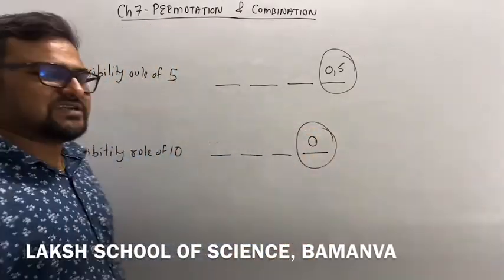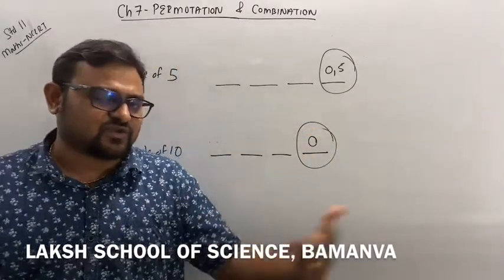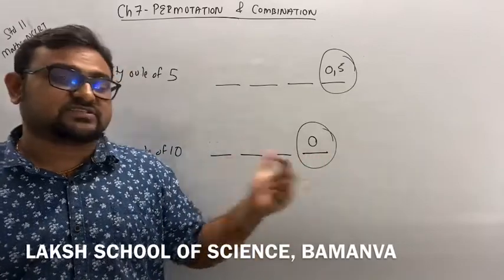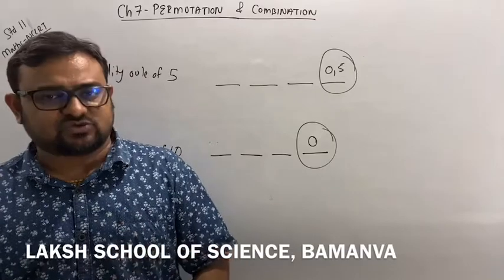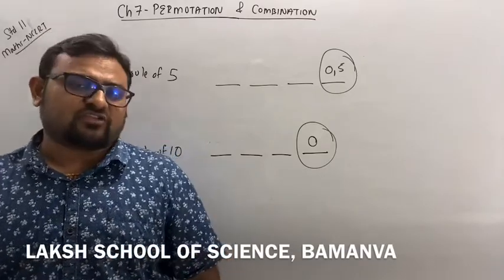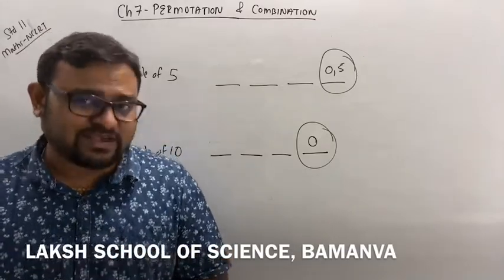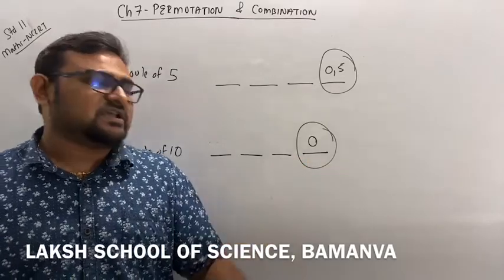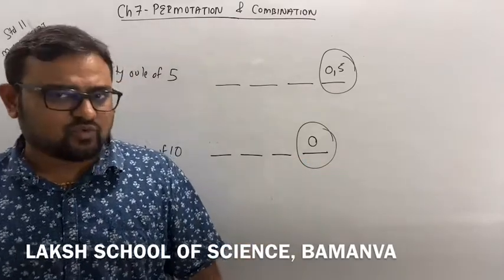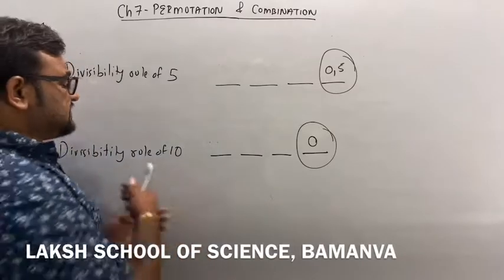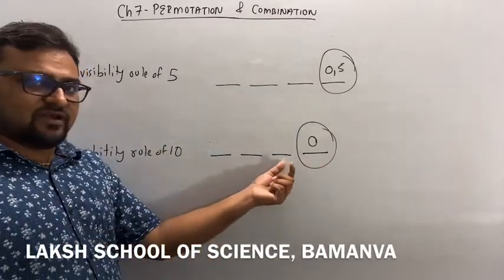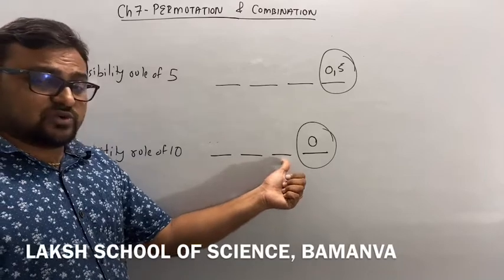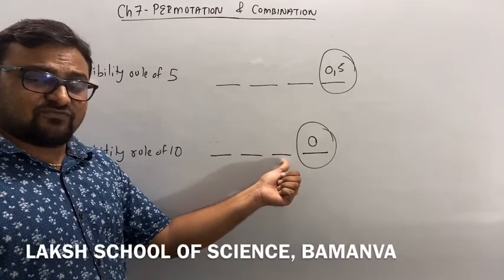You know, 10 ones are 10, 2s are 20, 3s are 30, 4s are 40. There must be 0, only 0 at units place. So only one possibility, that at units place it must be 0. Clear? If it is the divisibility rule of 20, then here it's 0 and the tens place must be even, like 20 ones are 20, 2s are 40, 3s are 60, 4s are 80.